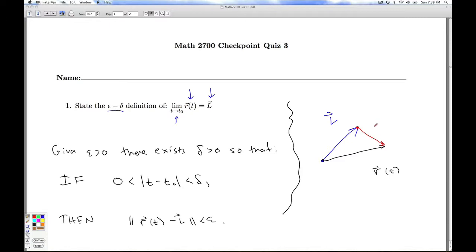So this is the difference, r of t minus L. And so what I'm saying is that the length of this vector getting really small is the same as the vector itself going to 0, which is the same as r of t getting close to L. And so that'll do it for number 1.